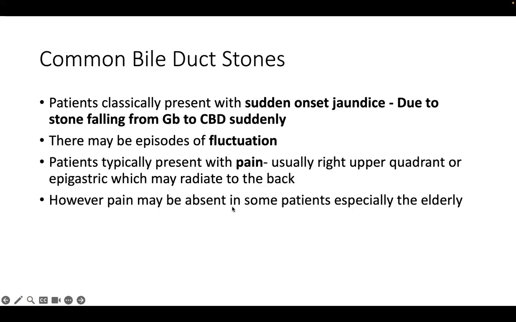However, the pain may be absent in some patients, especially the elderly, but this is not the common presentation. So when you talk about bile stones, talk about the sudden onset jaundice that may have episodes of fluctuation, typically with pain in the right upper quadrant or epigastric region, radiating to the back.